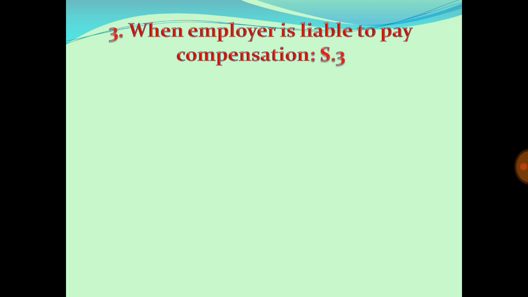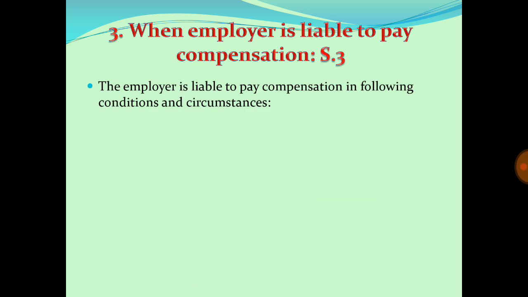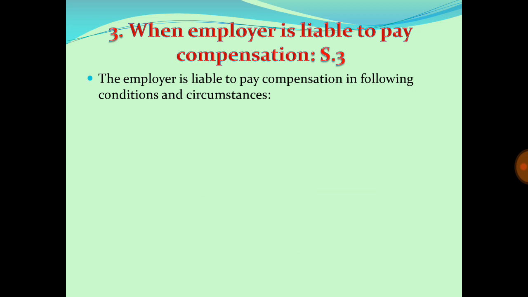Section 3 of the Act specifically deals with the circumstances and conditions when the employer must pay compensation to his workmen. So these conditions we must see. The employer is liable to pay compensation in the following conditions and circumstances.